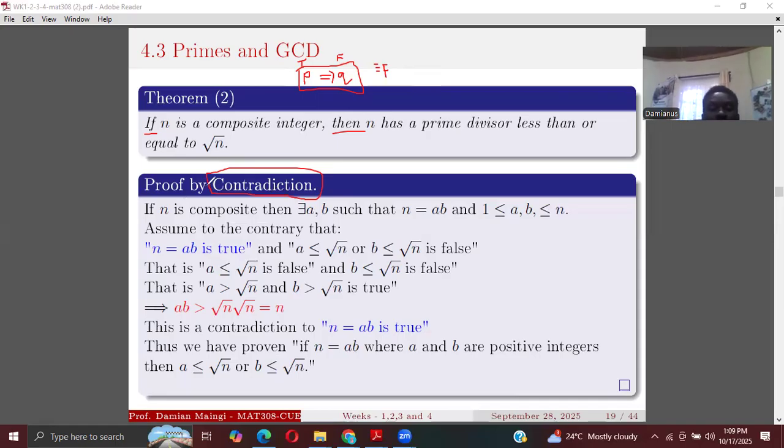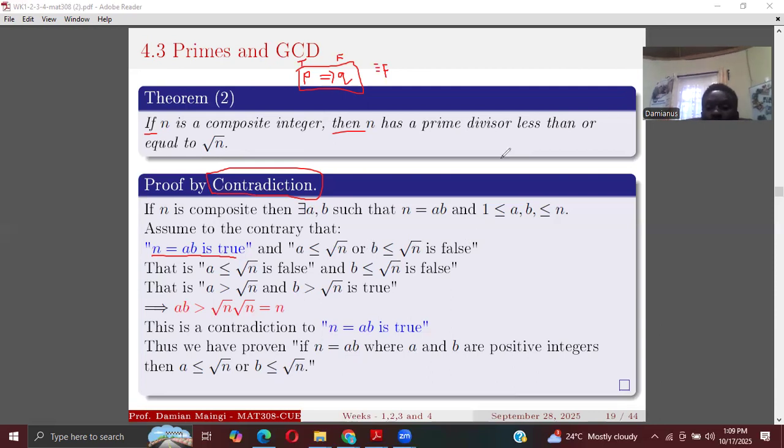So suppose n is a composite integer, and then we suppose that n has a prime divisor less than or equal to the square root of n. In this case, we're assuming to the contrary. So assume to the contrary that n equals ab is true. What this means is n is composite, means that you can find two integers, a and b, such that n equals a times b. That's the idea of composite.